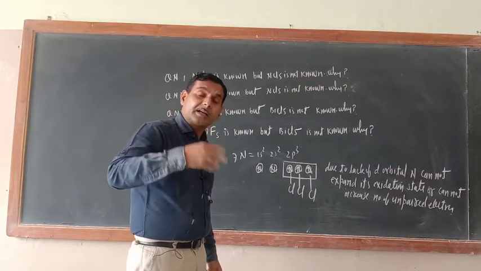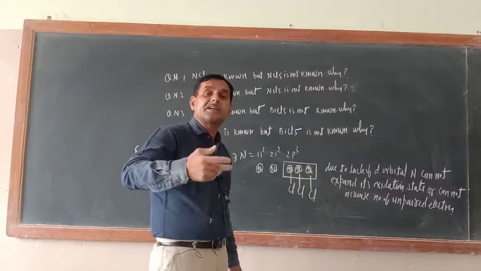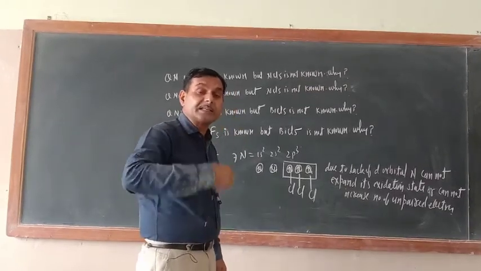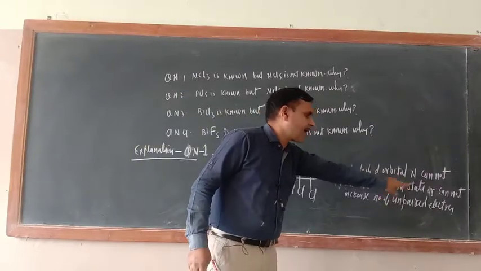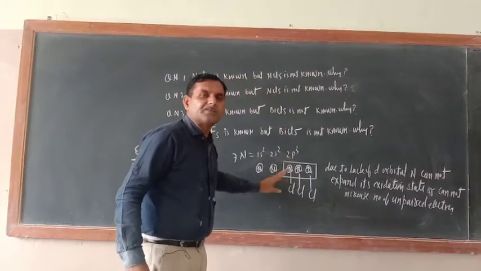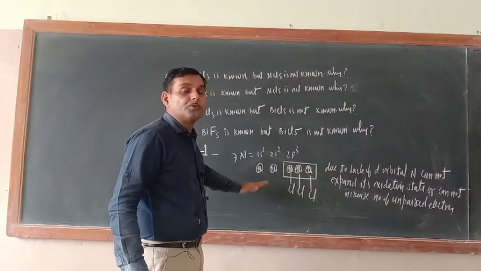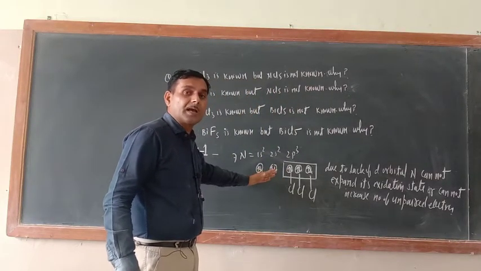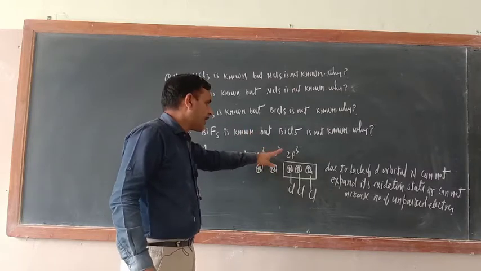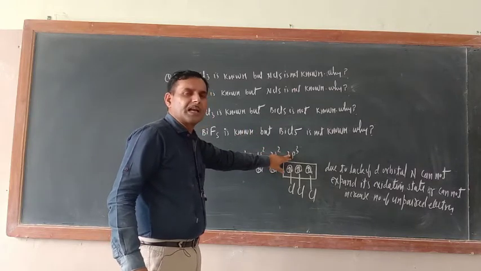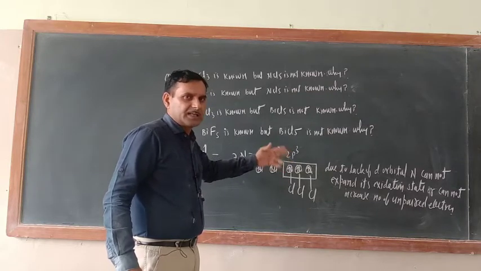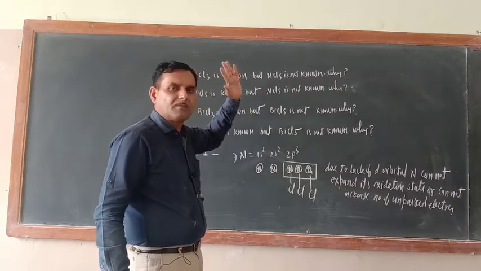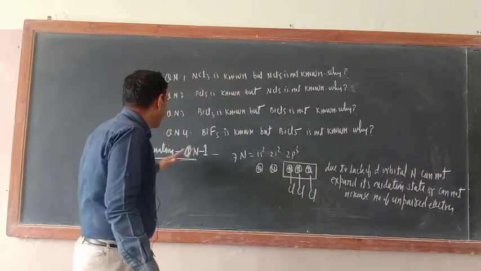Cannot expand its oxidation state means it cannot increase its number of unpaired electrons. Three chlorine atoms can overlap with the 3 unpaired electrons of 2p, but what about the remaining 2? They can't. That is why NCl5 is not formed. This is the explanation of the first question.